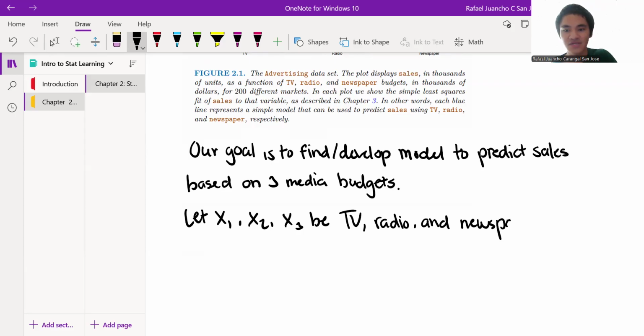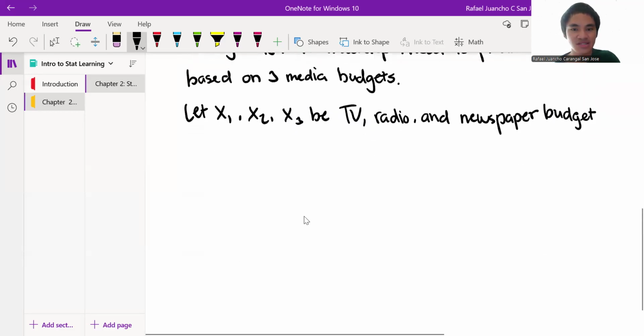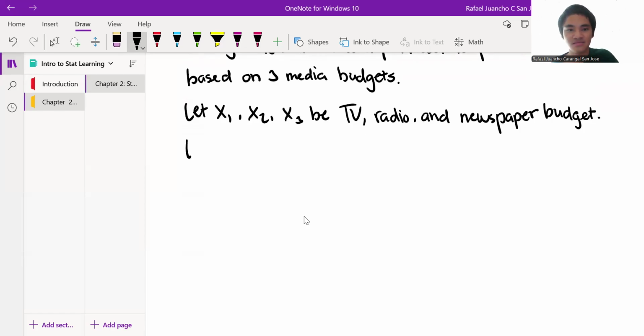And all of them are basically used for advertising the product in various markets. Okay, and then we're going to let Y be the output, or basically the sales, the number of sales. I'm assuming it's just number of sales.